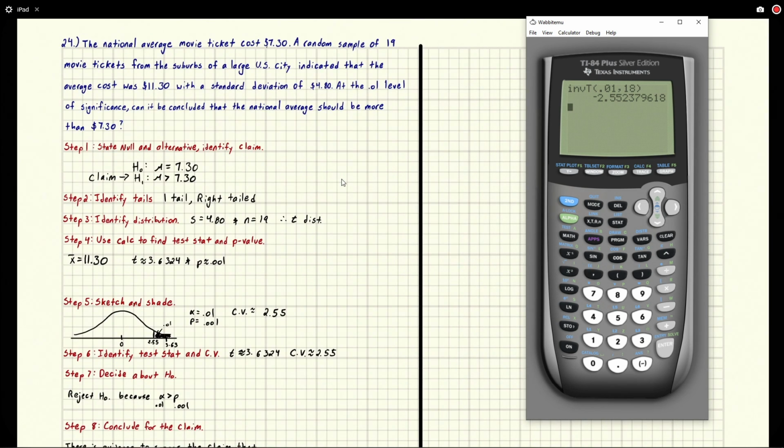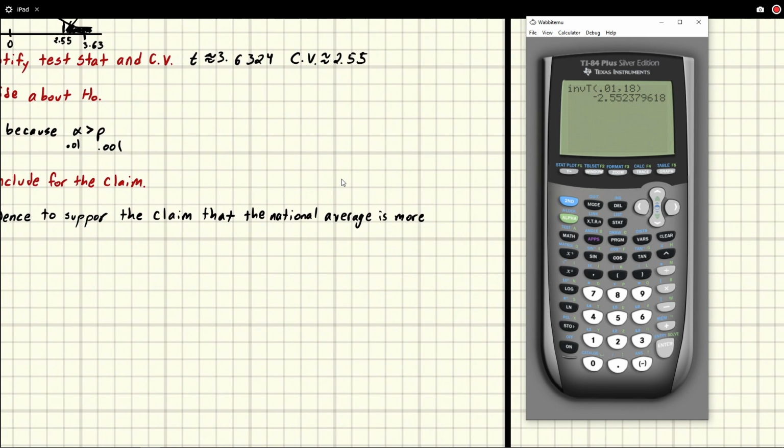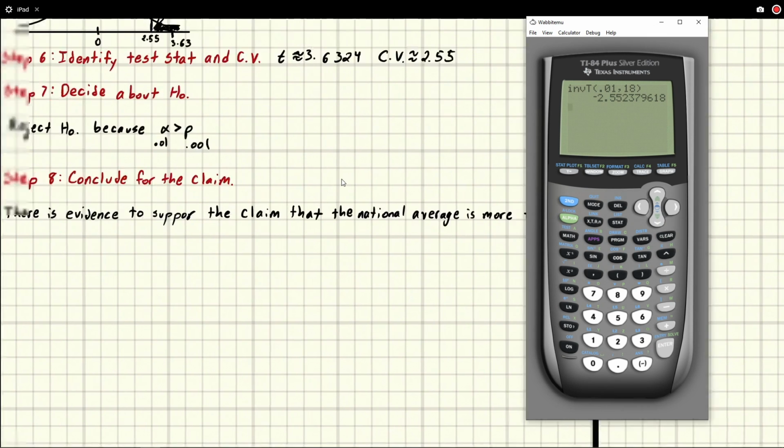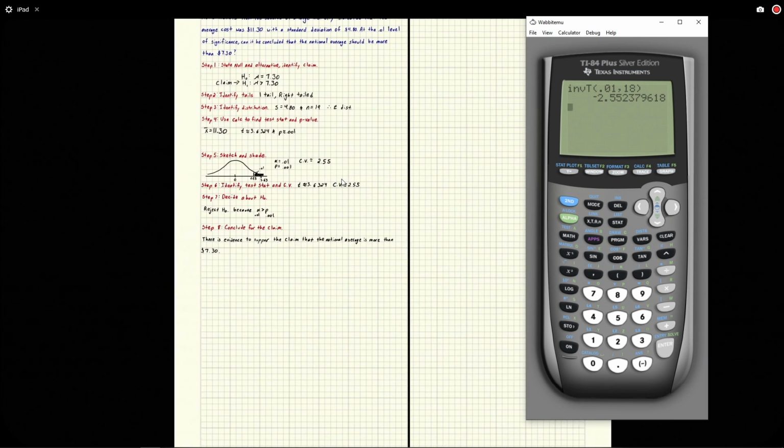What were we saying? Well, we wanted to conclude that the national average should be more than $7.30. So we would write that here, that the national average is more than $7.30. And that's it. That's all you got to do for these kinds of problems.